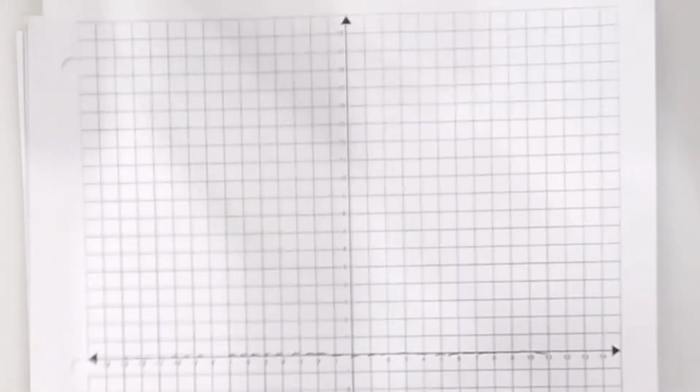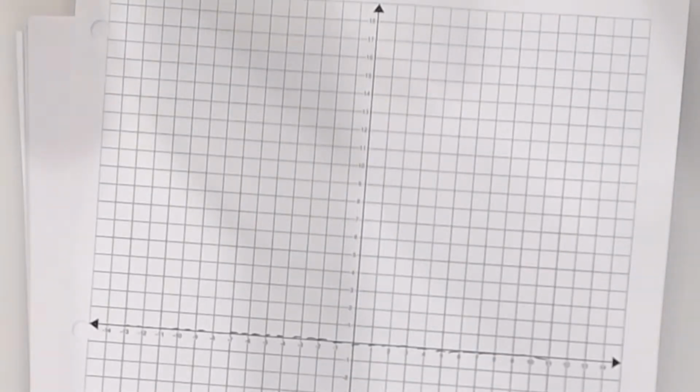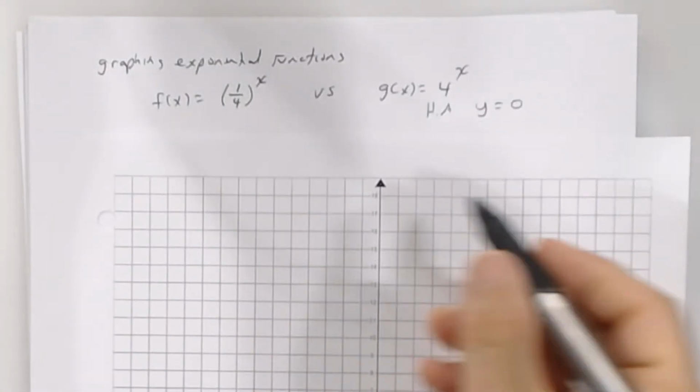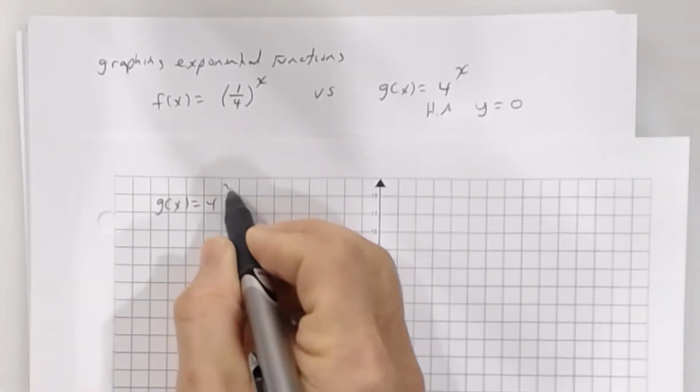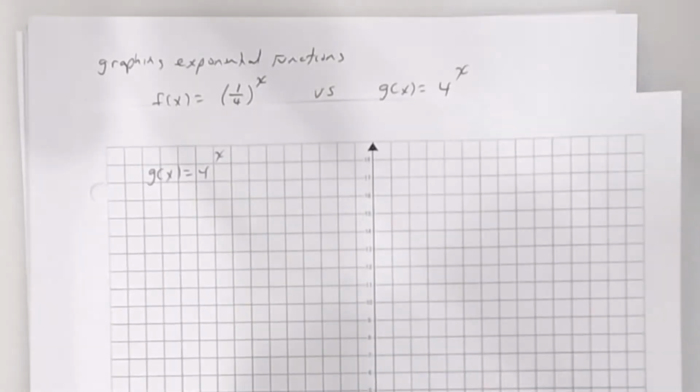Now remember, for any exponential function, will the graph ever cross the horizontal asymptote? No. So when I graph g of x, will it cross the x-axis? No. All right, so we're graphing g of x equals 4 to the x.